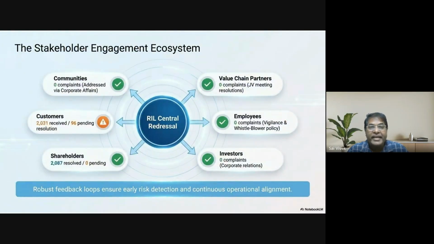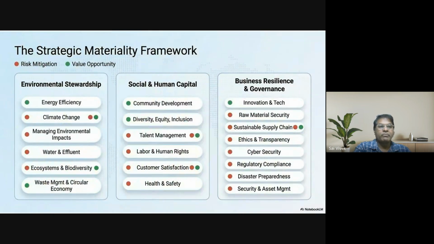So the stakeholder engagement ecosystem is given here. Reliance Central Redressal redresses communities, customers, shareholders, value chain partners, employees, and investors. All these people's complaints are taken, resolved and properly dealt with. The strategic materiality framework is given here: environmental, social, and governance, ESG. So energy efficiency, climate change, managing environmental impacts, water and effluent, ecosystem biodiversity, waste management.